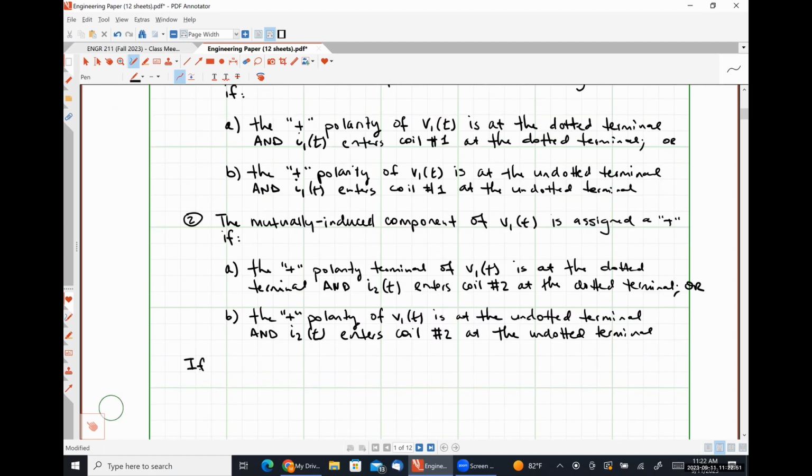So if these criteria are not met, the term gets a minus sign.